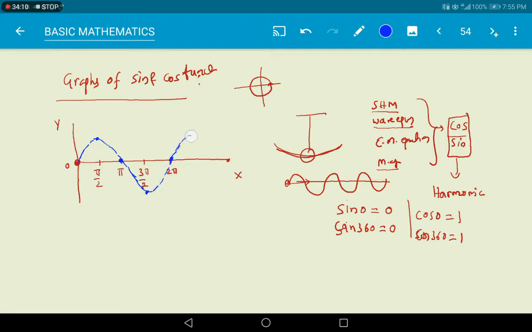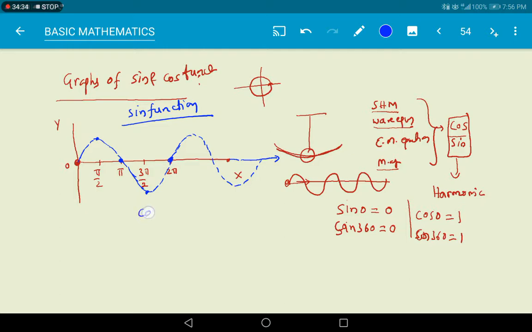Again after this also it is repeating. So this is the graphical representation of the sine function. After 2 pi, you can see again a symmetrical waveform, the same as the earlier one.